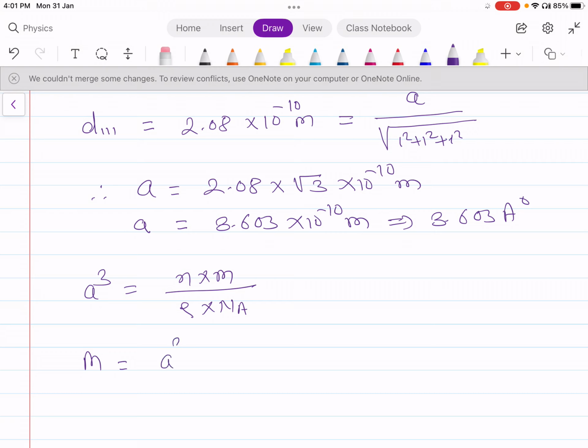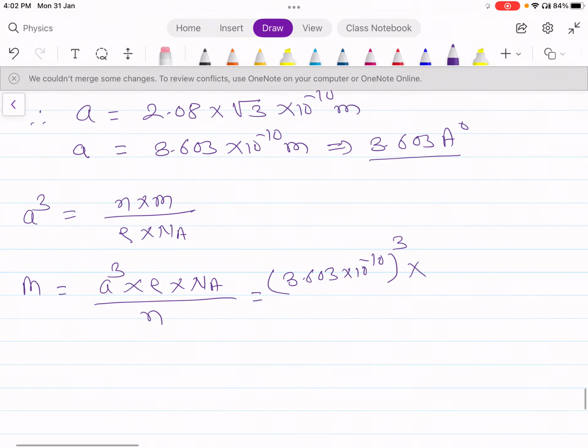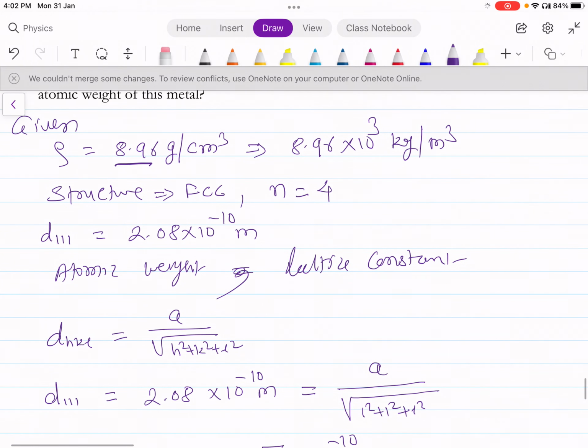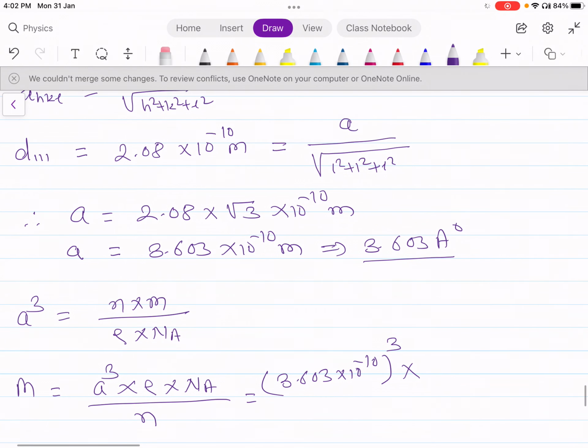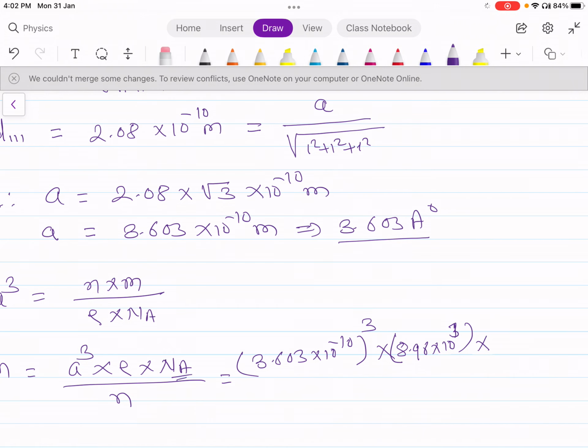So atomic weight equals a cube into rho into Na divided by n, which is the effective atoms per unit cell. a is known now, which is 3.603 into 10 to power minus 10 meter, cube of this, into rho 8.96 into 10 to power 3 kg per meter cube, into Avogadro's number, which is 6.023 into 10 to power 26 per kg mole.